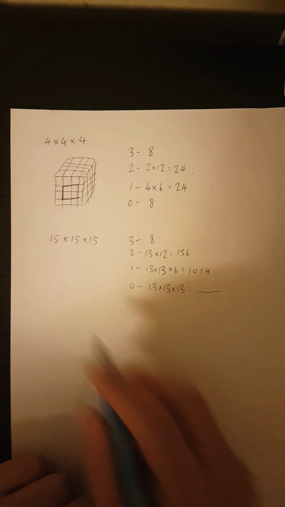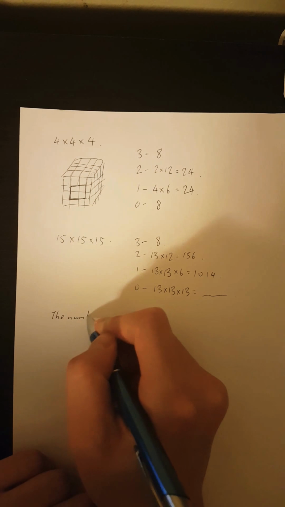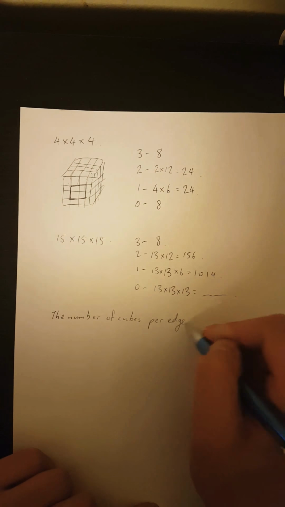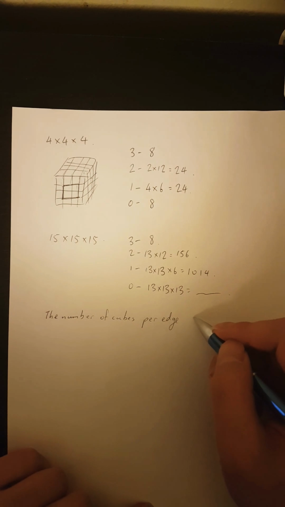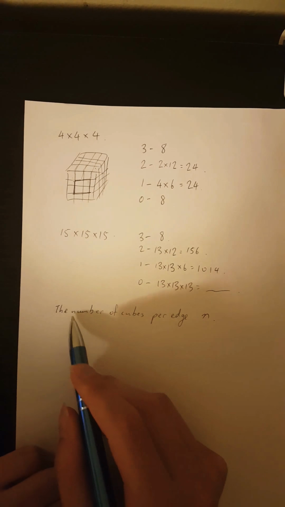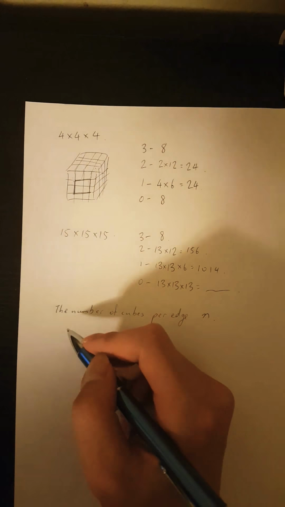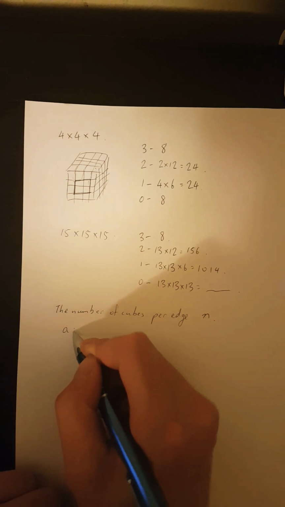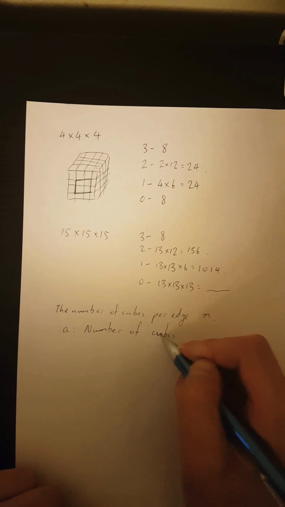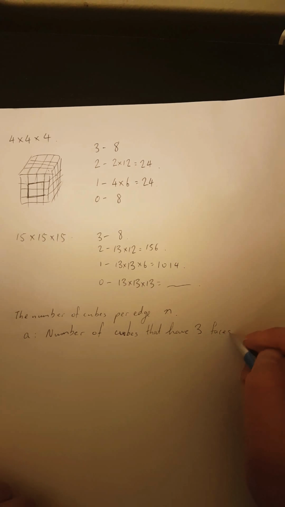All right, so now the question is about the relationship between the number of cubes per edge, which we'll call n, so for the 15x15x15 case, n is going to be 15, and a, the number of cubes that have 3 faces colored.